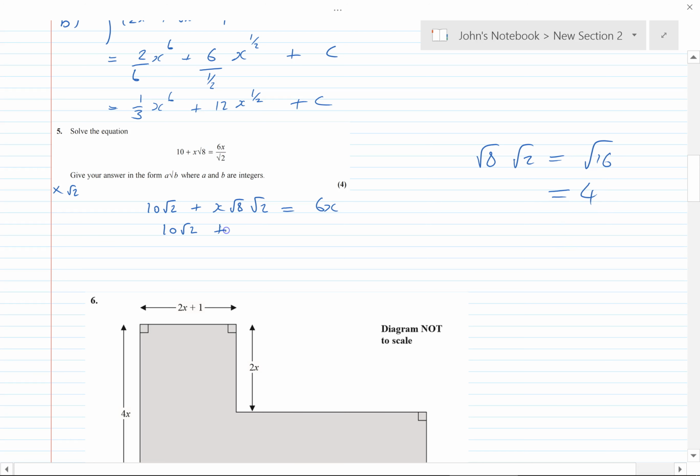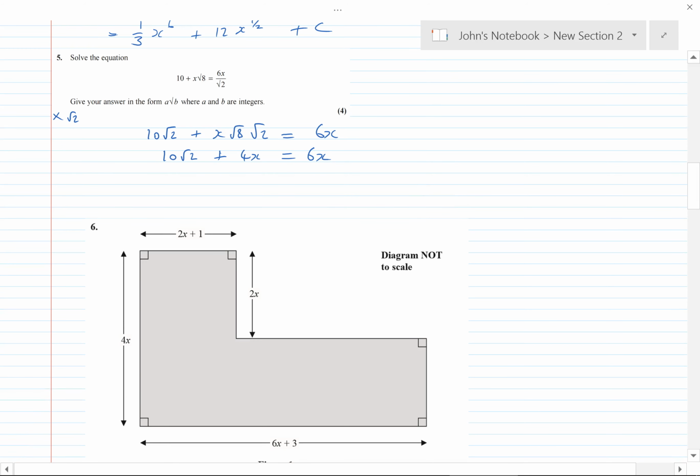So that's 4x is equal to 6x there. I just wrote that to the right hand side because I don't think it's necessary to write in full work something that can go on in your head. So then we've got 2x is equal to 10 root 2. x is equal to 5 root 2. Okay, so that's question 5 done.